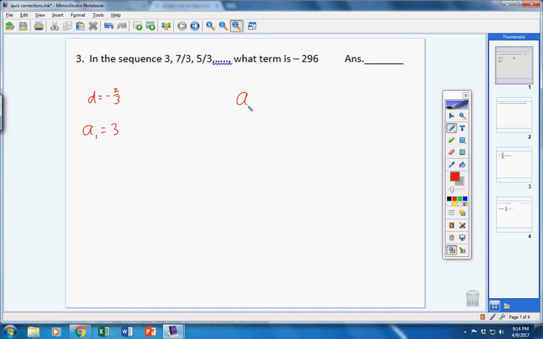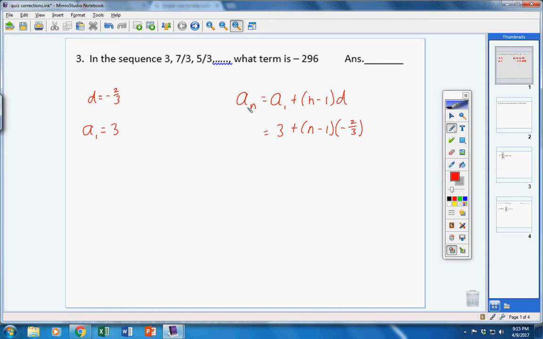Okay, so here we go. A subscript n equals a subscript 1 plus n minus 1 times d. Now, for a subscript 1 we can definitely put 3. Now, n is what we're looking for. We're looking for what term is negative 296. So n is my unknown. D is my common difference, negative 2/3.